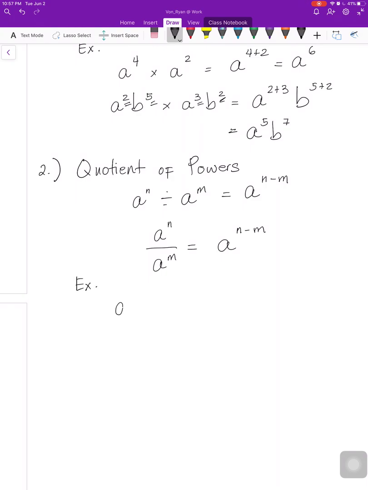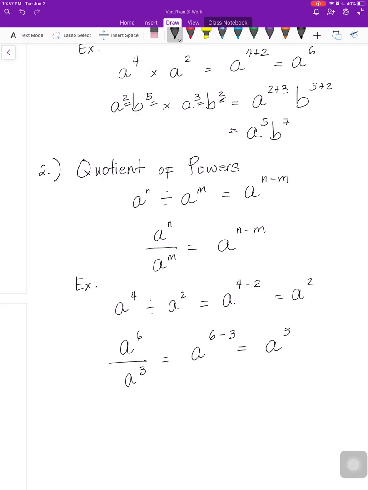So suppose you have a raised to 4 divided by a squared. The answer is a raised to 4 minus 2, which is a squared. If you have a raised to 6 divided by a cubed, the answer is a raised to 6 minus 3, which is a cubed.